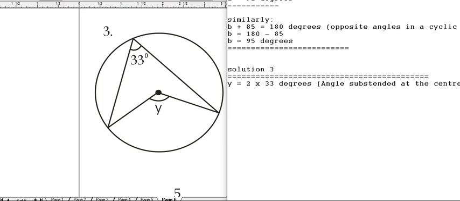Now, our y will be equal to 66 degrees. That's our solution number 3.